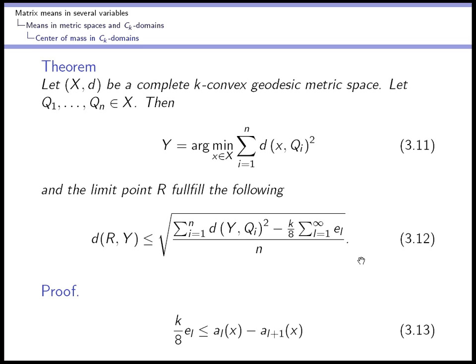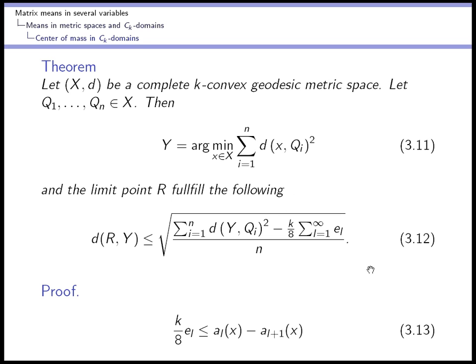So we have another theorem which says that we have our iterative procedure for this n-tuple of points from the metric space, and we can also define their center of mass. These points are generally not the same, as numerical experiments show, but their distance can be bounded, and this is a bound for their distance.